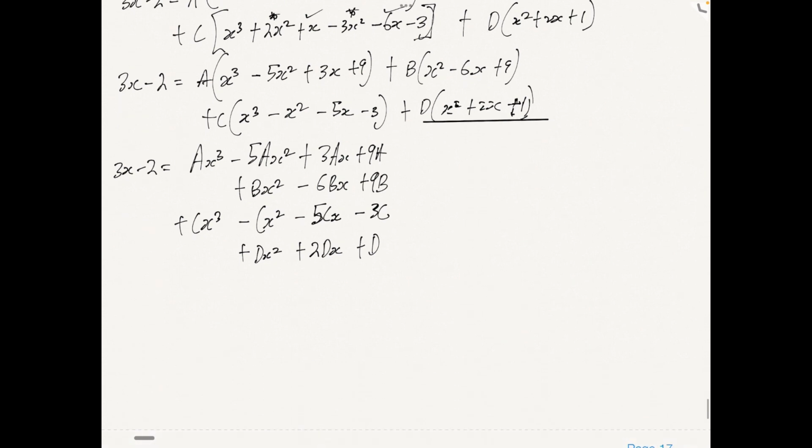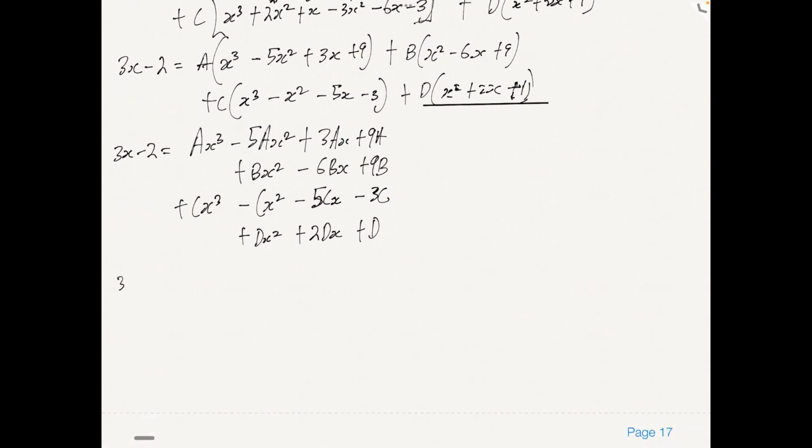Now we can sum it up and say 3x minus 2 is equal to a plus c, x raised to power 3, plus everything here: minus 5a plus b minus c plus d, all into x squared, and the same thing for our x.